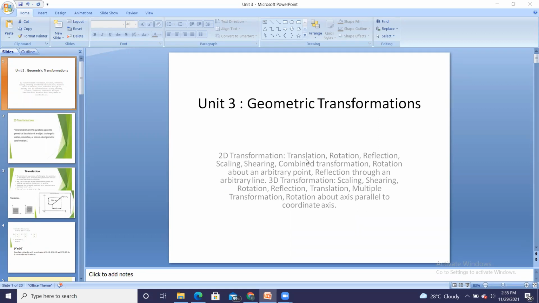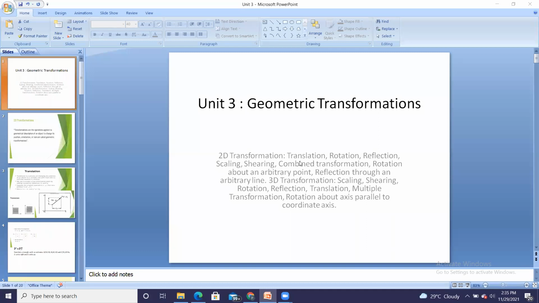On that, we are going to carry out translation, rotation, reflection, scaling, and shearing. And combined transformation; the name itself tells you that one transformation is applied after another. So for example, if a triangle is given, first you translate it, then rotate it, and then reflect it.